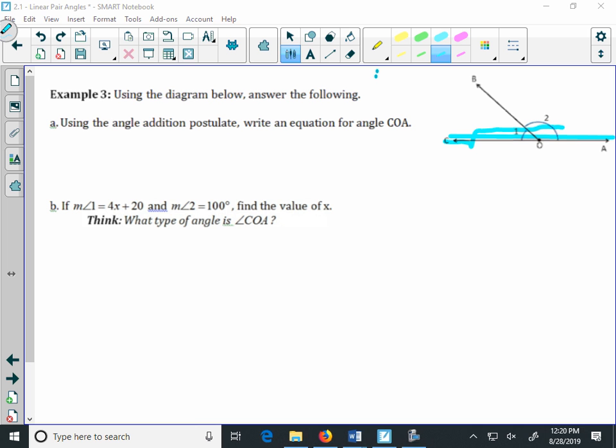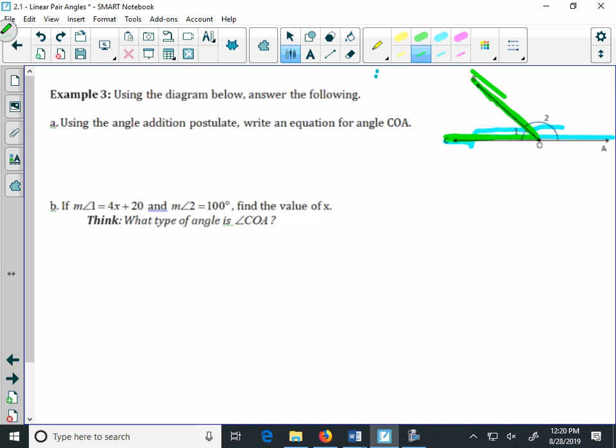So we're going to figure out what two angles are making a straight angle. If I look here, I have angle COB as one of them. What's the other angle that's making that? No, what is the name of that? It is not two things, but you're right.